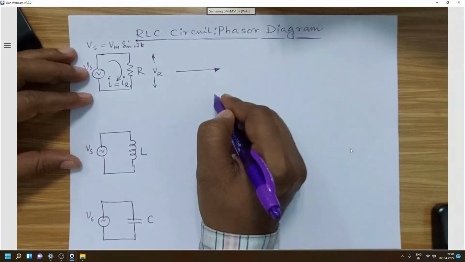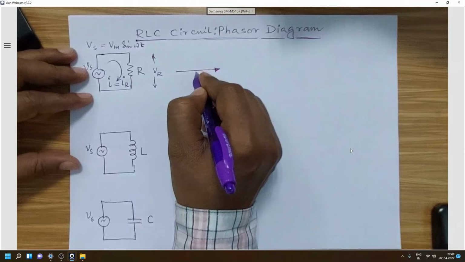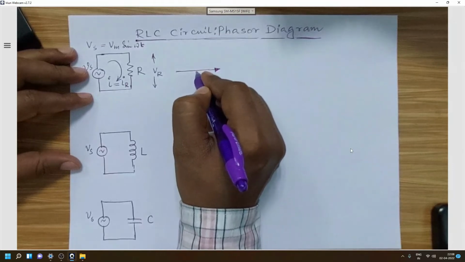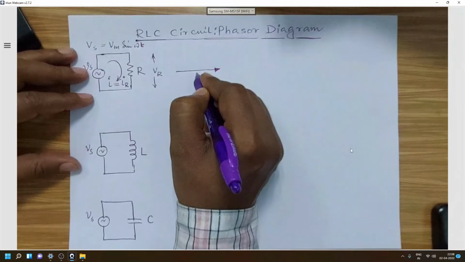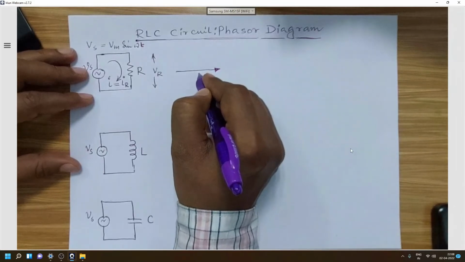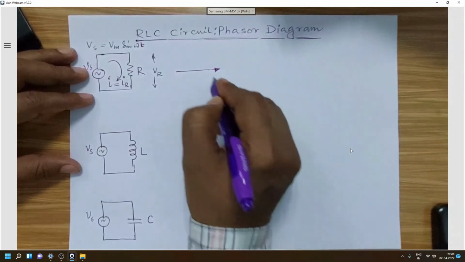So if we take the current phasor as a reference phasor, it will be easier for drawing the other phasors. Though taking the voltage phasor as the reference phasor also, it is possible to draw the phasor diagram, but if we take the current for series circuit, it will be easier.